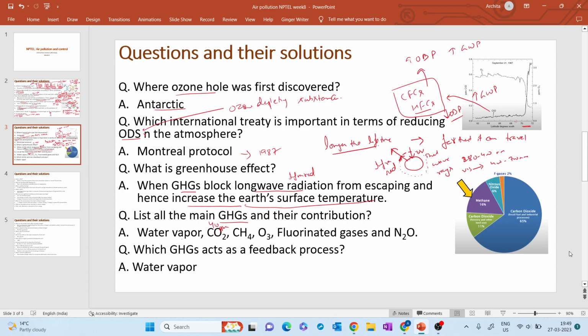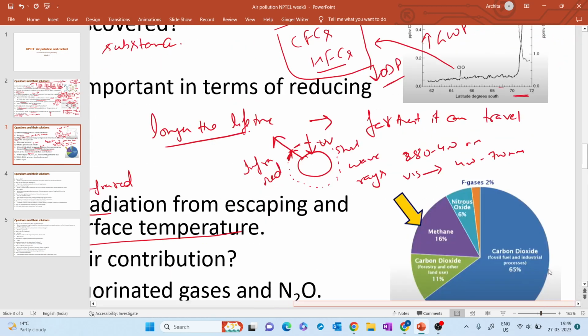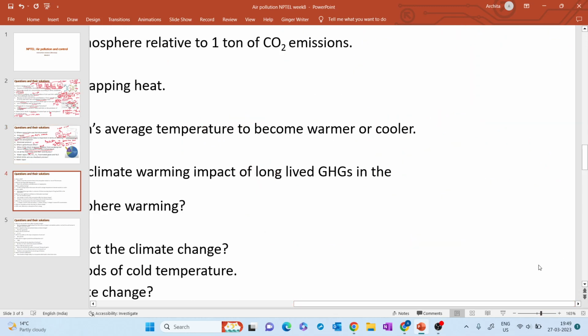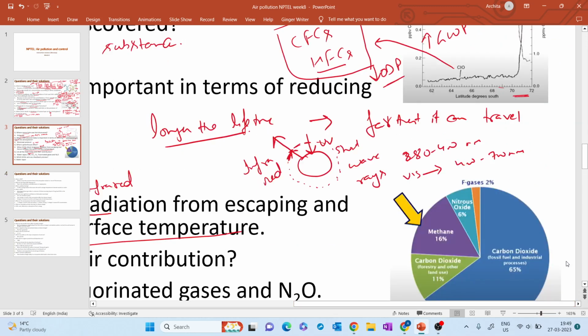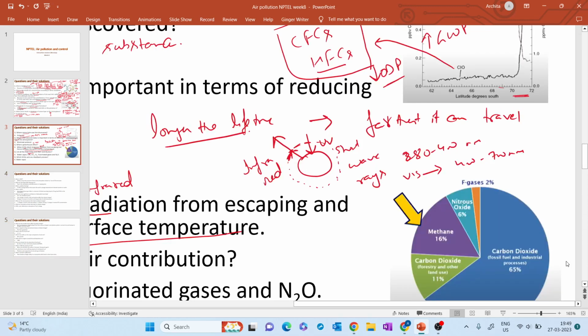Okay. And that is shown in this plot, which shows that CO2 has about 65% contribution. So CO2, which is coming from fossil fuel and industry, contributes 65% to the greenhouse gases, and the CO2 from land use or forestry contributes 11%.